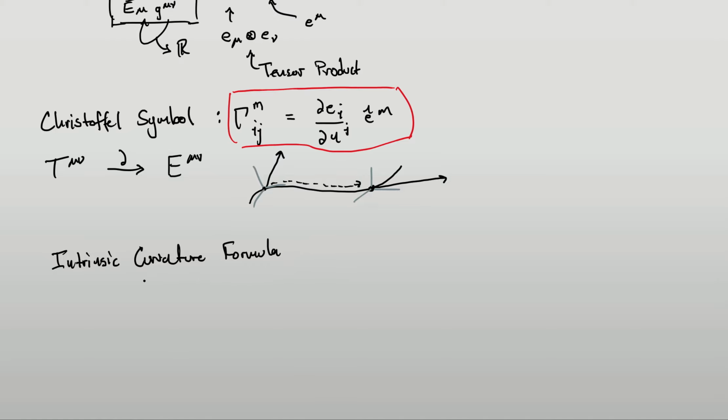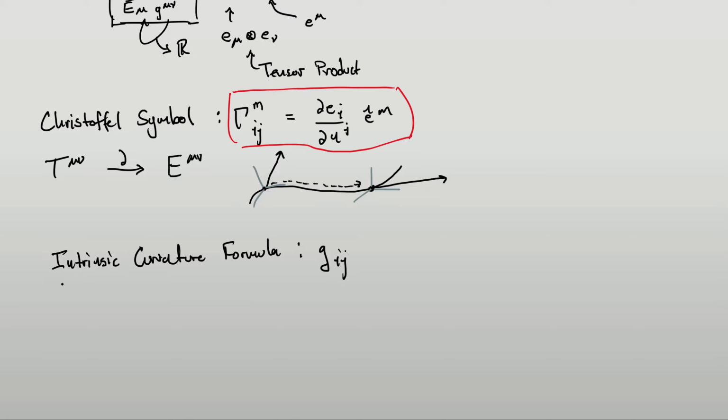And the intrinsic curvature formula is a formula that'll tell us what this guy is in terms of g_ij, right? So in terms of g_ij.